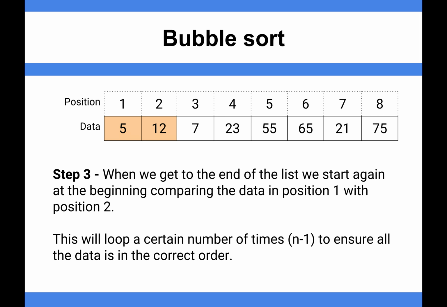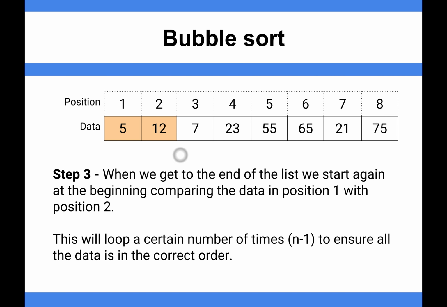The reason it does it 7 times is because the length of our list is 8, so it only needs to do it 7. And the reason it only needs to do it 7 is because we don't know. It could all be in order after one pass. It might not. We don't know if it's going to take all 7 passes or not.